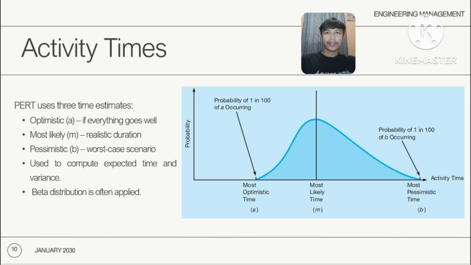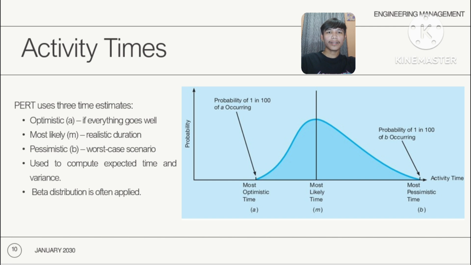So let's proceed to the activity times. PERT uses three time estimates: first is the optimistic, second is the most likely, and third is the pessimistic. Used to compute expected time and variance, the beta distribution is often applied. The optimistic means the time required if absolutely everything goes well.